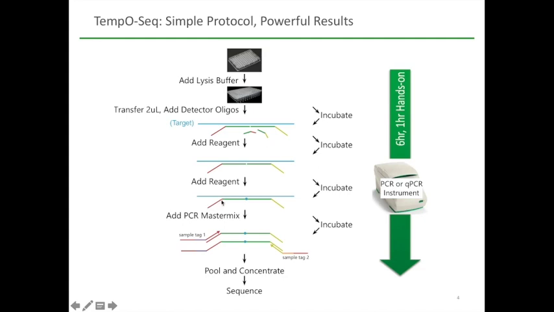At this point, we are taking advantage of these red and yellow universal priming sites that are used in a cycling reaction that incorporates tags that include index 1 and index 2, so that they can be combined and multiplexed on a sequencer, as well as the sequencing adapters that are required for the sequencing reaction on the sequencing instrument.